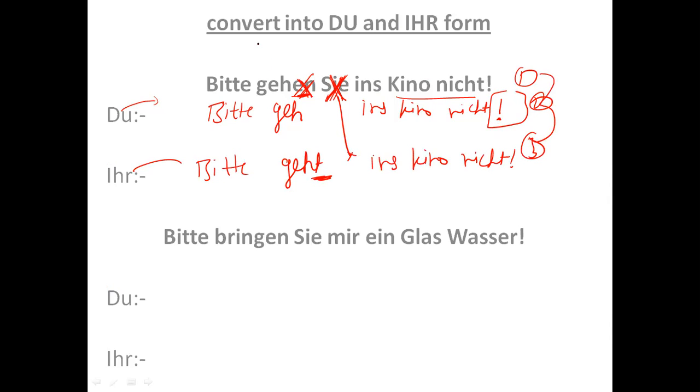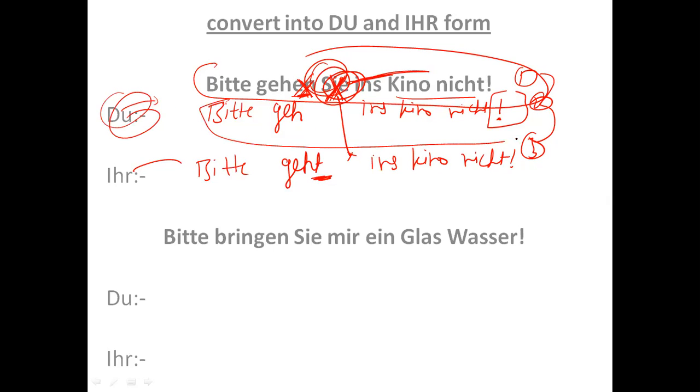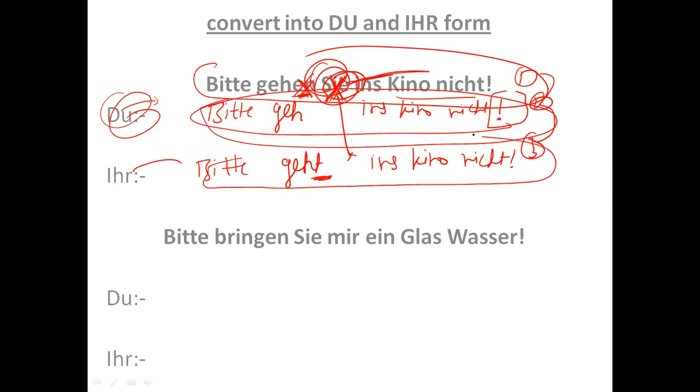The only difference is here I'm talking in a formal way with Sie, like आप सिनेमा में मत जाओ, and this is in du form, "Bitte geh ins Kino nicht", like तुम सिनेमा में मत जाओ, and then "Bitte geht ins Kino nicht", तुम सब सिनेमा में मत जाओ, right? So the only difference is whom I'm talking to.